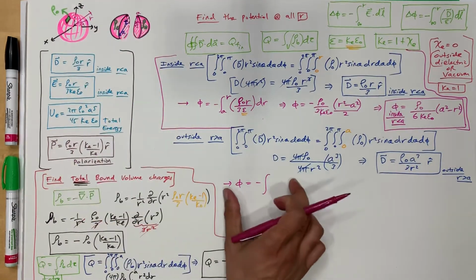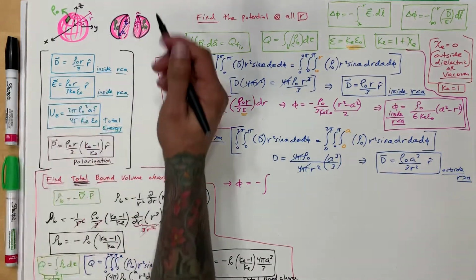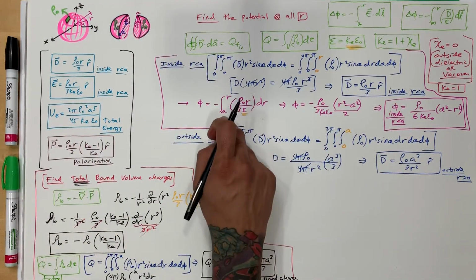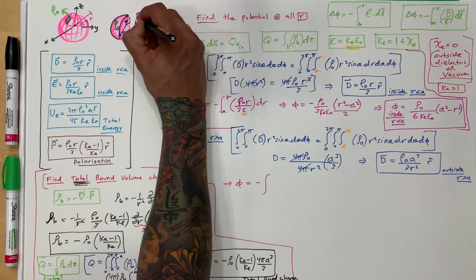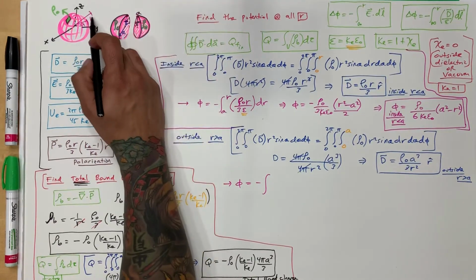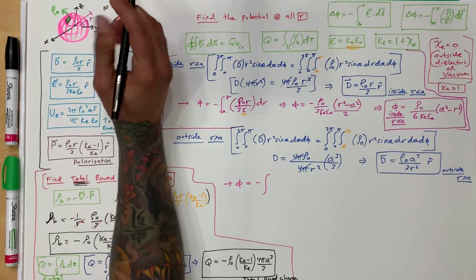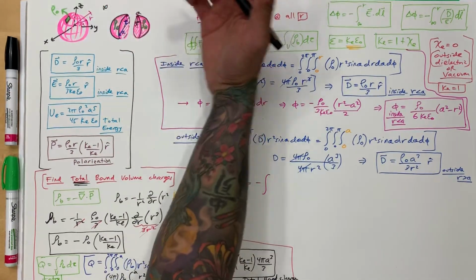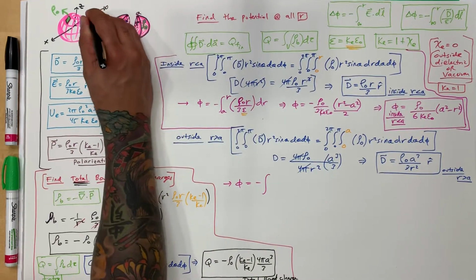And when we do potentials, we're coming from the outside in. In the other example up here, since we were inside, we went from a to r, which was inside. But now r is outside, and so we have to come from further outside, some infinity value all the way to r.